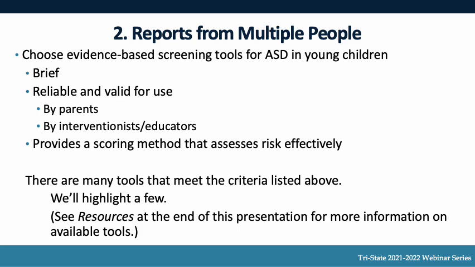There are some tools that have versions for both parents and interventionists. Others do not, and it's important to choose the right tool for the right person who's giving the information. It's also helpful if the tool you choose provides a scoring method that can assess risk. So, as we're gathering this information from parents, teachers, childcare providers, we are looking at it as informing a bigger picture.